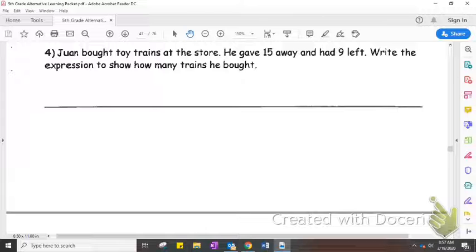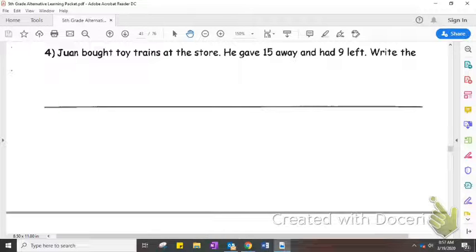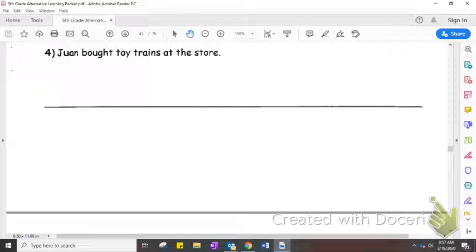I'm going to cover up the rest and sort of go one step at a time. Sometimes, at least for me, these story problems that they give me are so long that I get lost in all the sentences, and it helps me to just go one sentence at a time.